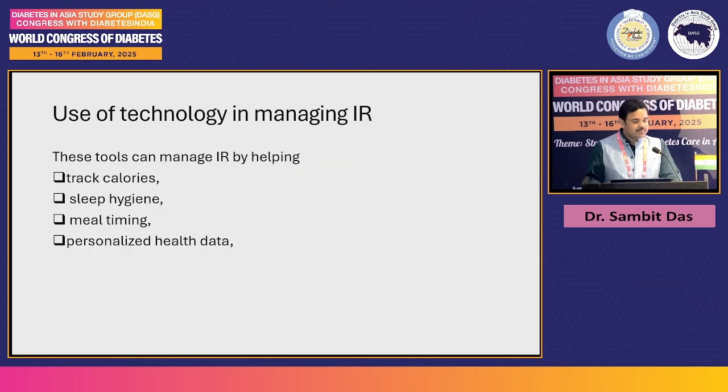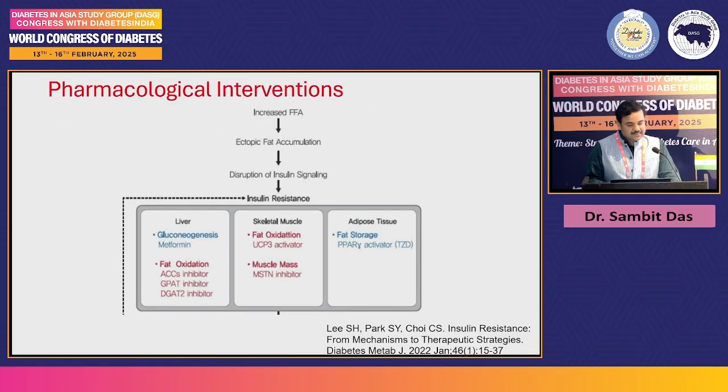Some of the technology which we can use, and there are tools for weight loss, like tracking calories, sleep hygiene, meal timing and personalized health data, may be a smarter way of reducing weight. But pharmacological interventions are also important for reducing insulin resistance.